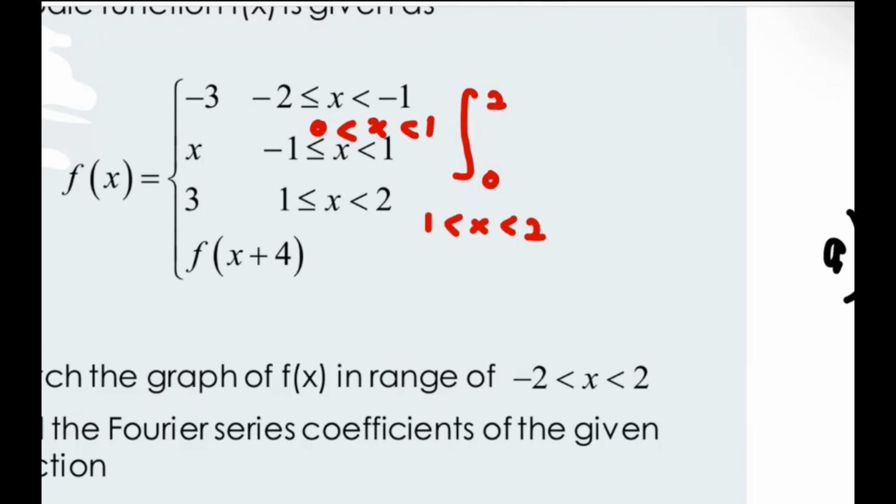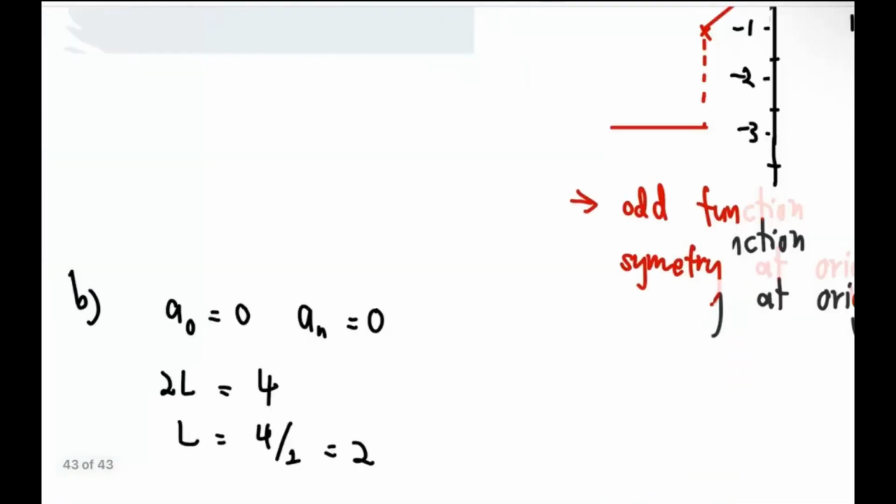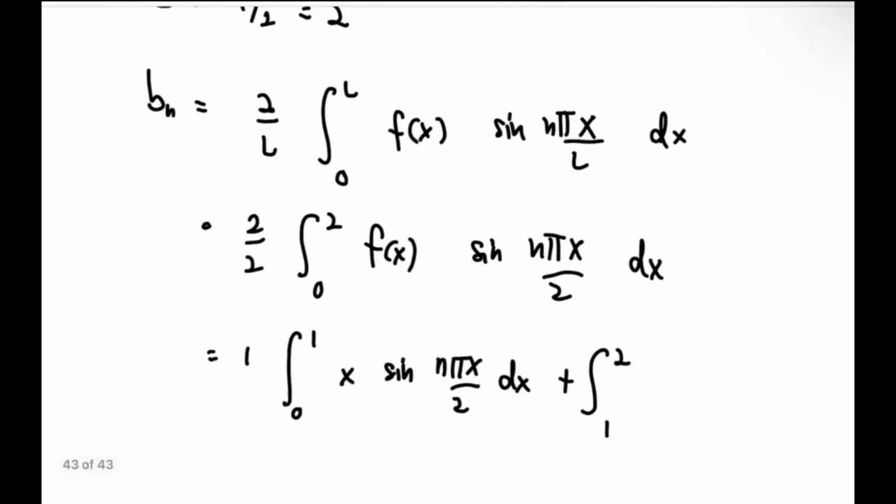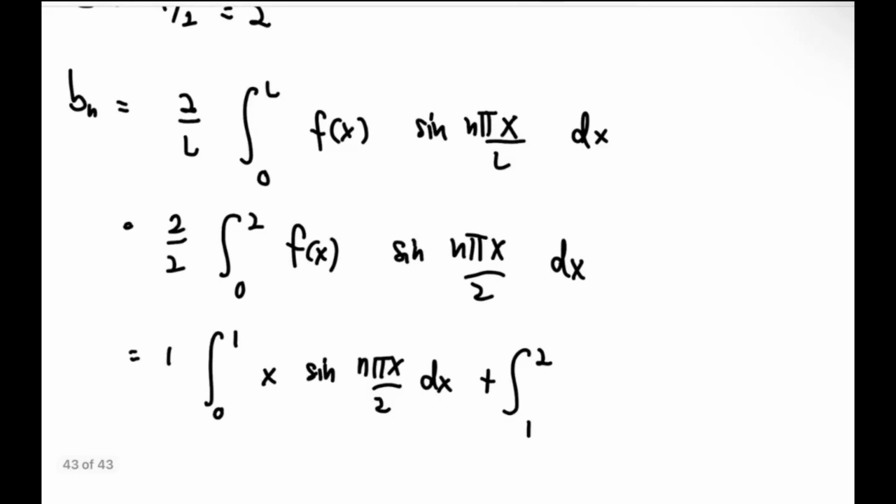So 0 to 1 is x, 1 to 2 is 3. So substitute in this equation. So 2 divided by 2 is 1. So 0 to 1, x sine n pi x over 2 dx, plus from 1 to 2. From 1 to 2 is 3, right? 3 sine n pi x over 2 dx.